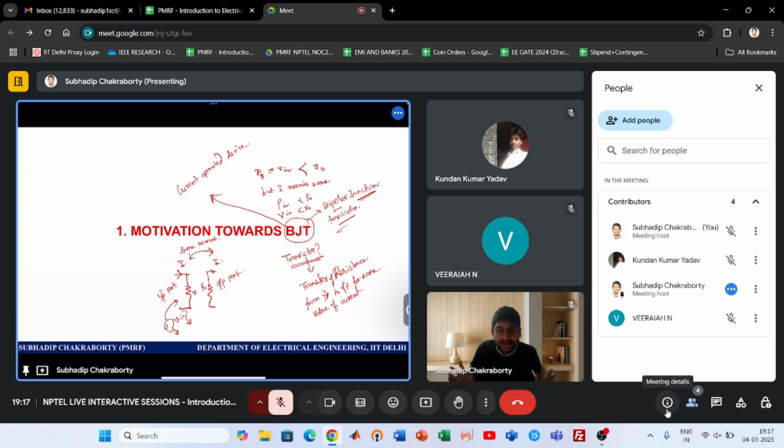But just for the timing, imagine the bipolar junction transistor as a current operated control device, which I have been telling you from the starting, repeating multiple times.